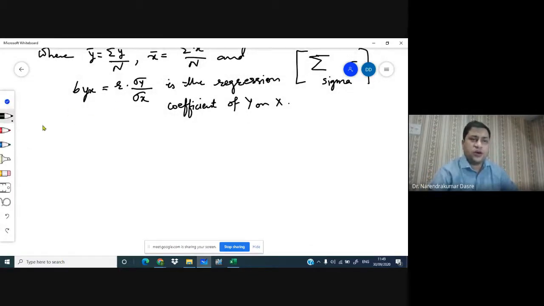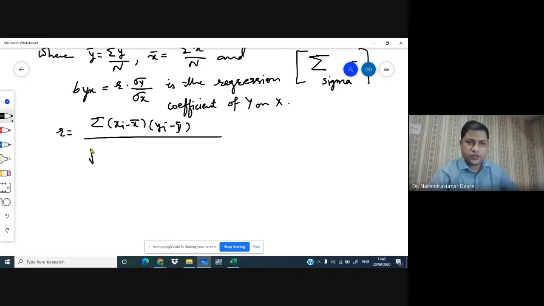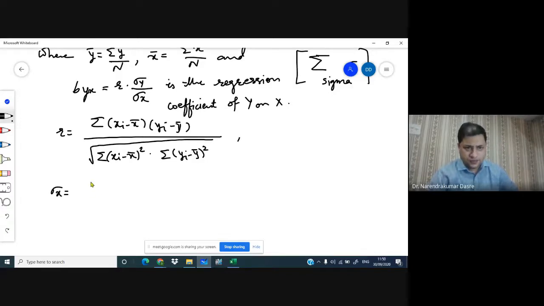We have seen that r is equal to summation of xi minus x bar times yi minus y bar, upon the square root of summation xi minus x bar squared into summation yi minus y bar squared. And sigma x is the square root of summation xi minus x bar, whole squared, upon n.